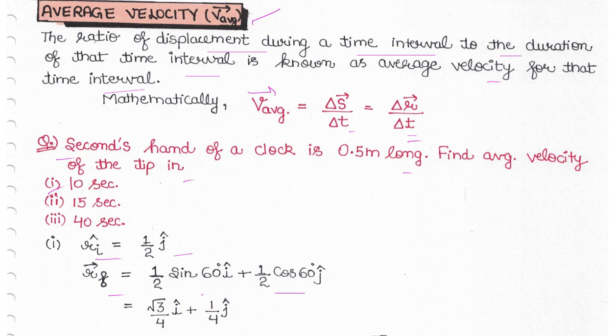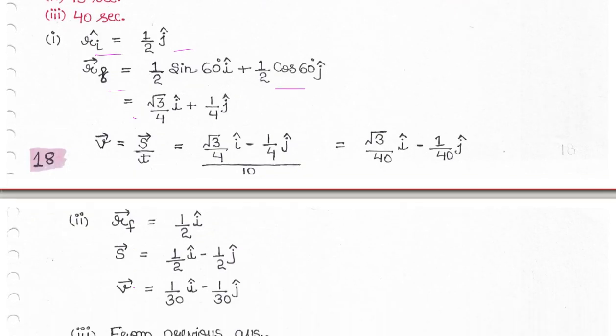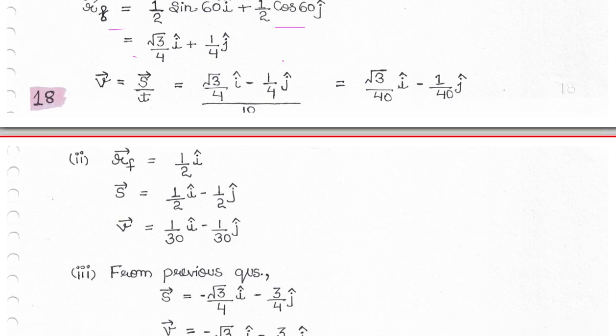If we put the values of sin 60 degree and cos 60 degree, we can write Rf is equal to root 3 by 4 i cap plus 1 by 4 j cap. So here v is equal to s by t, so we can write root 3 by 4 i cap minus 1 by 4 j cap by 10, or root 3 by 40 i cap minus 1 by 40 j cap.